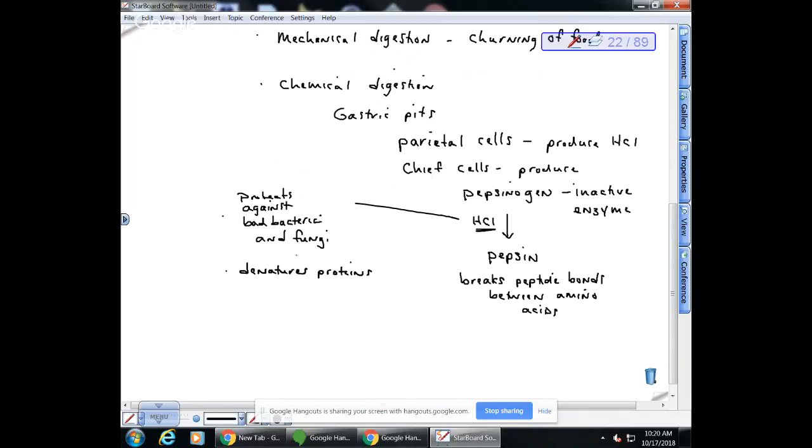So under acidic conditions, proteins go from being globular to denatured, which means they unfold, so that pepsin is able to work. This is interesting: pepsin is an enzyme that's able to work under highly acidic conditions. Most enzymes do not work under really acidic conditions. Okay, so it denatures proteins and it breaks down connective tissue.